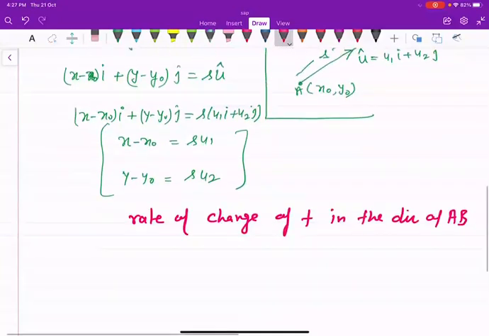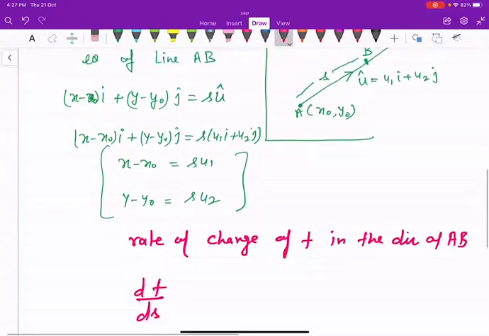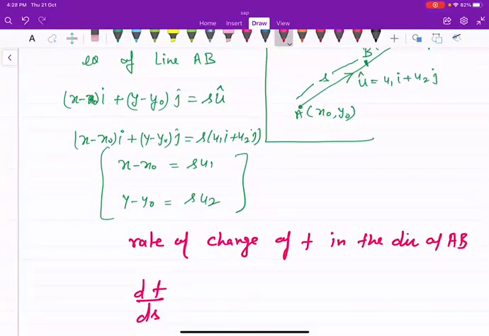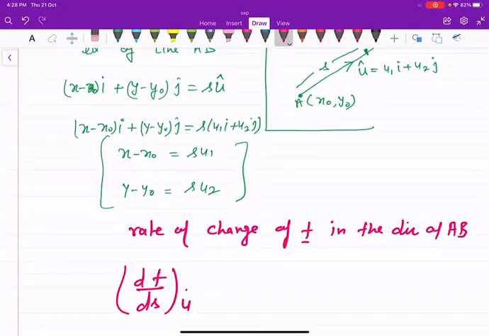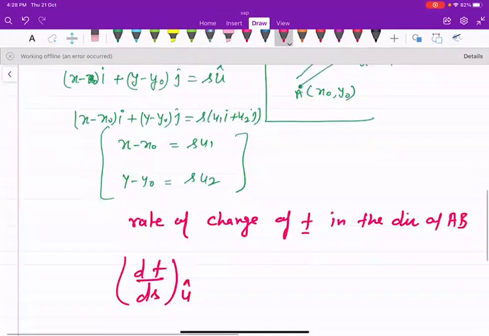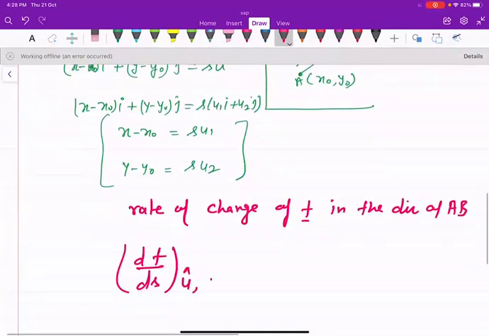It is denoted by df over ds, because s is the distance in this direction. u is associated with the unit vector in this direction. And the point A is what? That is the point x naught, y naught.